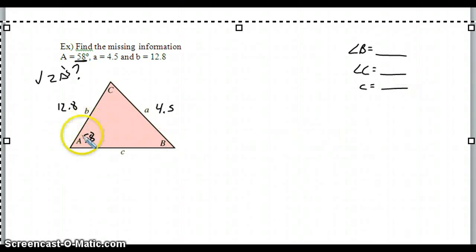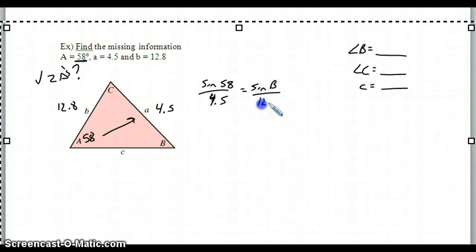Again, because this is an acute angle, I'm only given one angle, I've got to check to make sure that there aren't two triangles, or maybe that there are two triangles. So first we'll start off with the sine of 58 over 4.5. And because we're given B, we have to do then the sine of B next. So cross multiply.